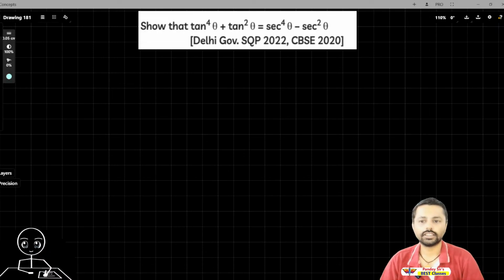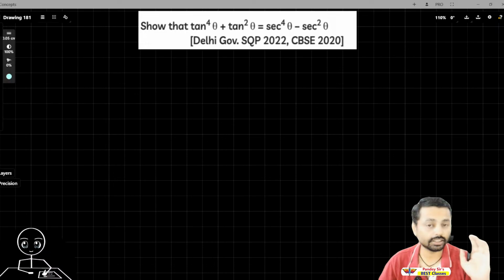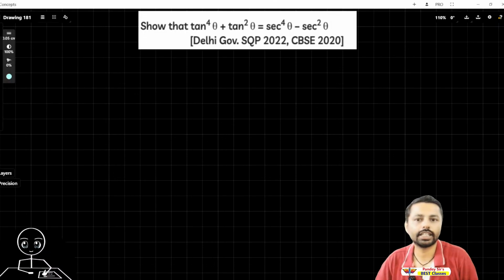See, the thing is, we have to prove that it is equal to sec to the power 4 theta minus sec square theta. Here one identity you can use. That identity is sec square theta equal to 1 plus tan square theta. So this identity you need to use. Always keep in mind these identities. Earlier I said also.